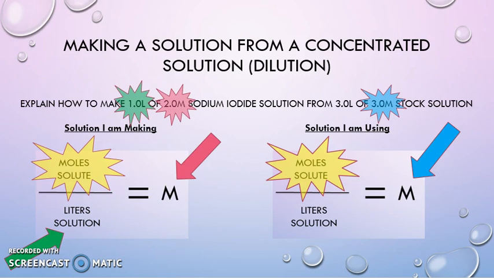And before I do anything else, I want to remind you that the real answer that we're after is how much of this solution I need to measure out. How many drops, how many milliliters of the strong stuff do I need to add water to make my new dilute solution?